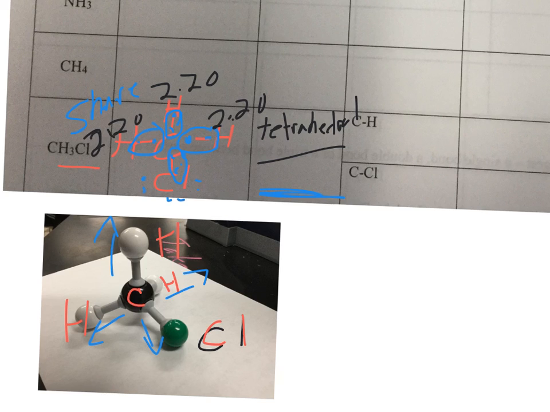What's my number for carbon? 2.55. So 2.55 is in the middle. And what's my number for chlorine? 3.16. So I have 3.16 right there. Okay? Which one has the stronger force out of all of these?